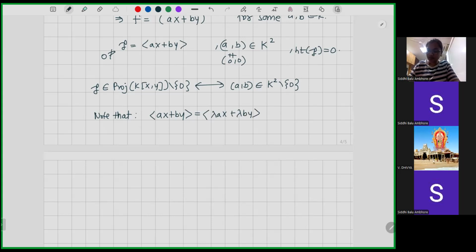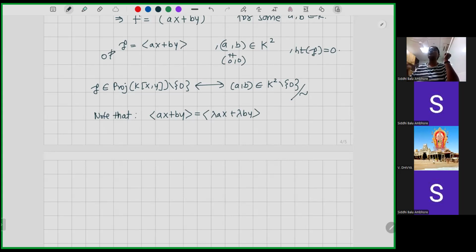Here k^2 minus 0 is okay, but we have to identify these ideals so that we get uniqueness. Corresponding to each P, I want just one tuple (a, b) in k^2.